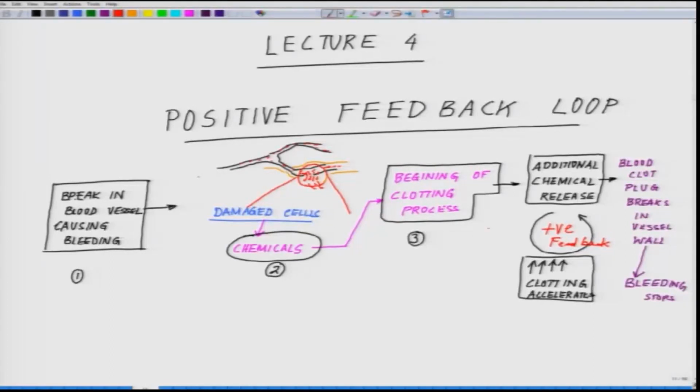So at every level, say at this level, you have to quantify. If you quantify with respect to time, you will see that these factors are all increasing. So it means there is a positive feed forward loop which is functioning.